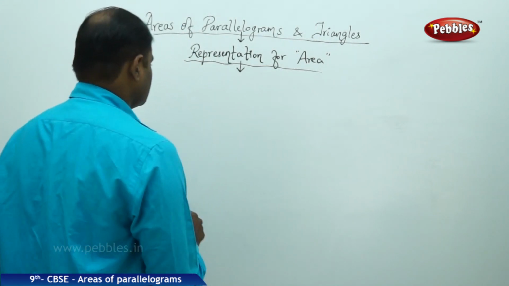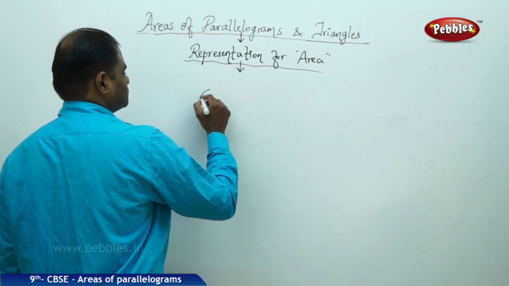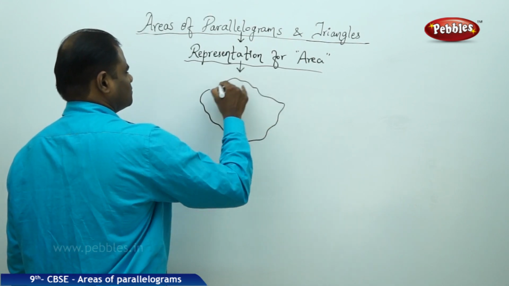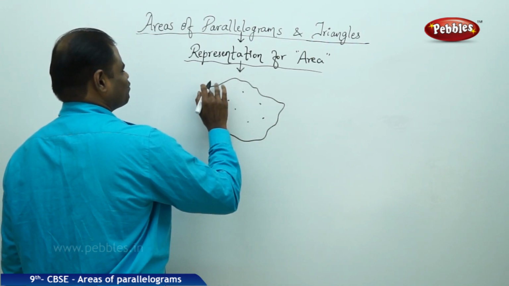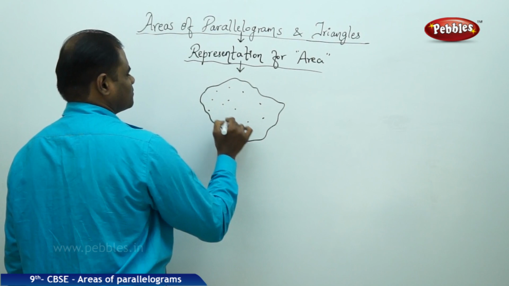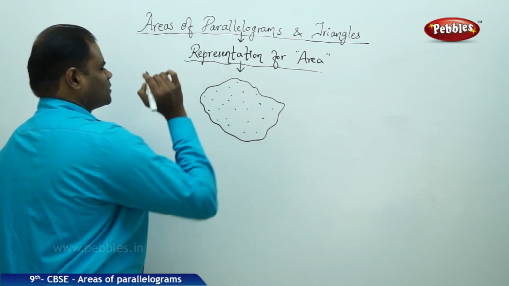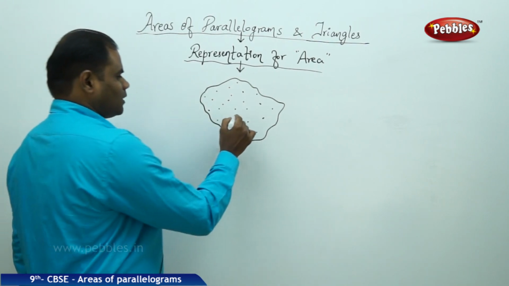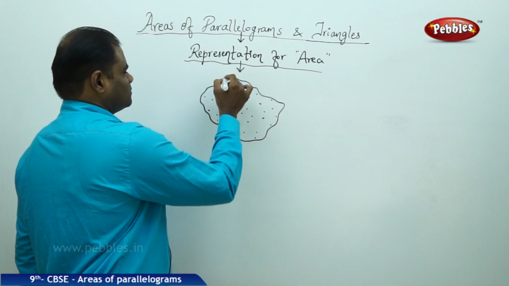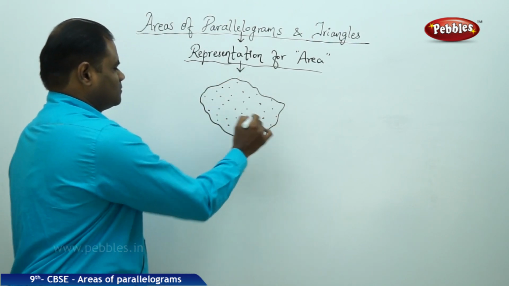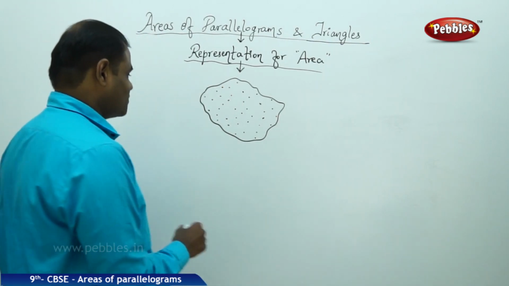Now let's take this region, say, of the planar region. I would like to find the area of this region. How do we represent this region with its area?